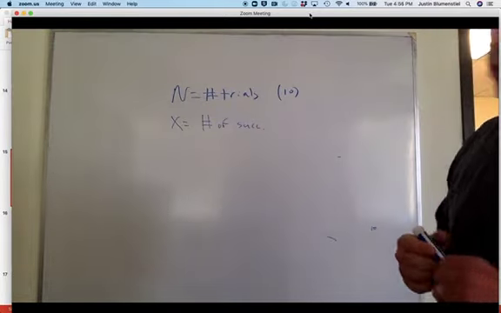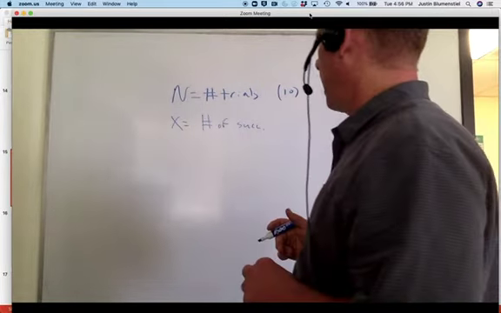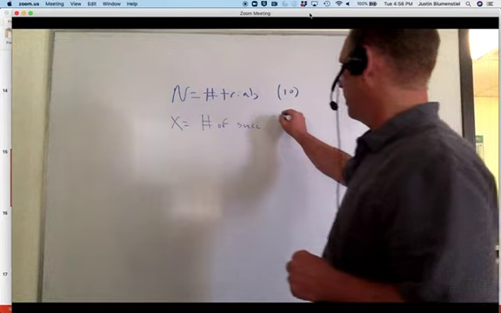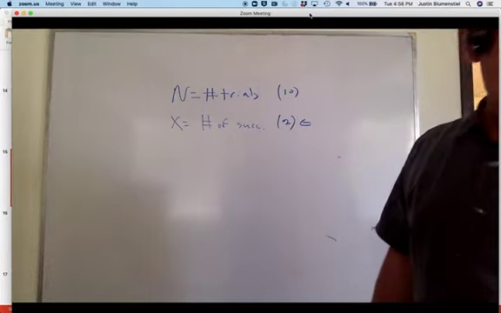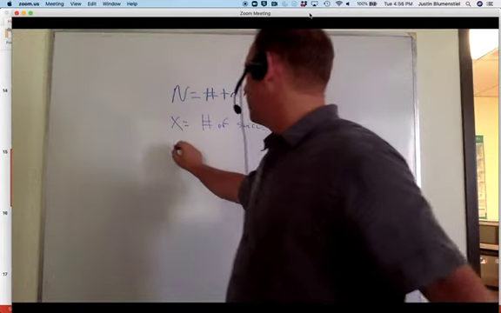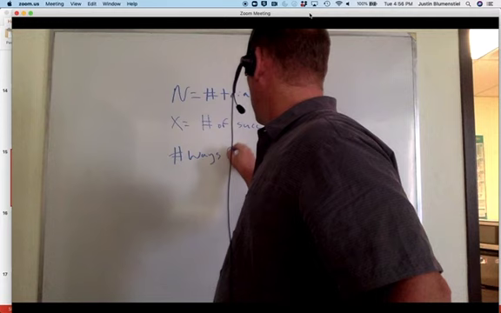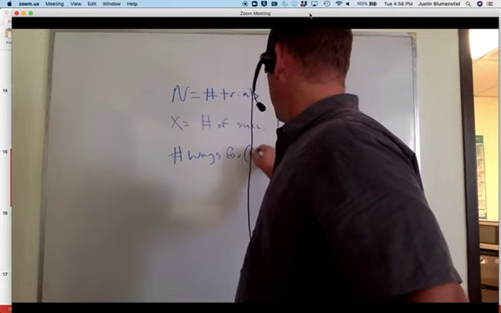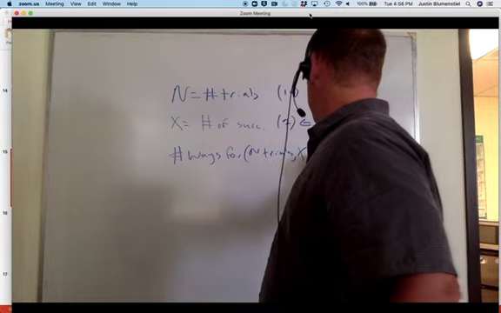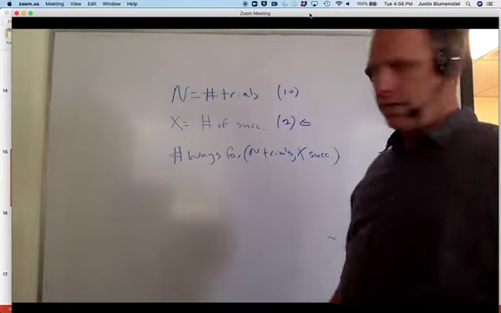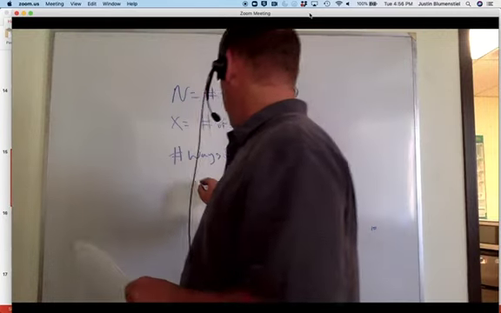There's a nice little fancy equation to count the number of ways, and so we could say 2, for example, if we're interested. The equation for counting up the number of ways for n trials and x successes is this equation, and I'll present this in a PowerPoint as well.